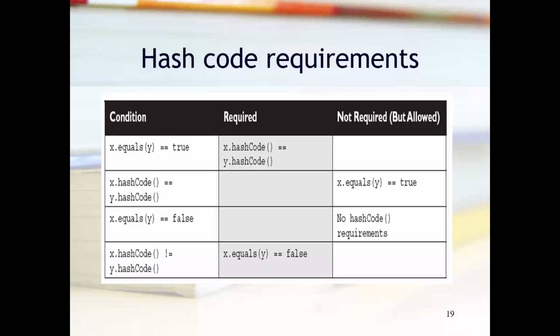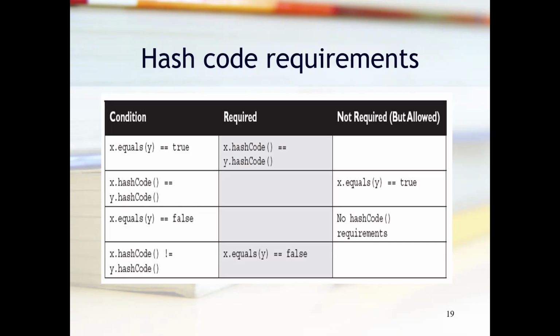The equals method will return true only if two references are referring to the same object, so the hash code should be the same. If the hash codes are the same, it is not required that x.equals(y) returns true. But if x.equals(y) is false, then the hash codes are not required to be different, though obviously two different objects would typically have two different hash codes.